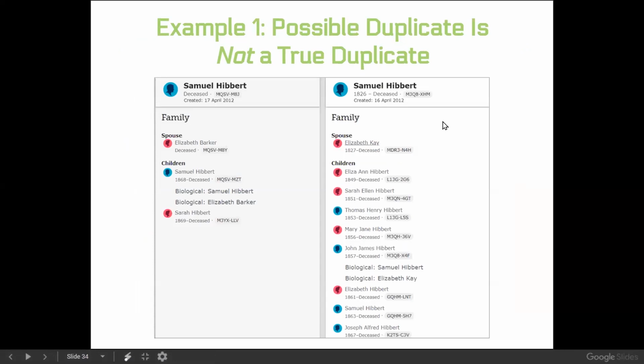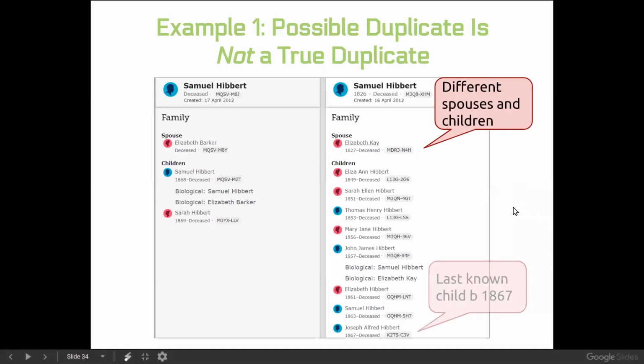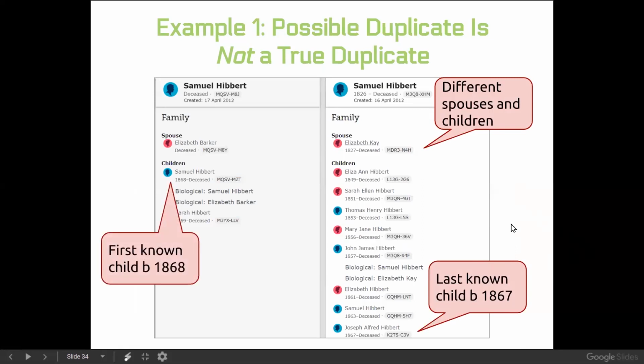Look what I get: two families that really look to be pretty different. But just to be careful, we need to look at the evidence. The record on the right has completely different spouses and children from the record on the left. Not only that, we look at the range of the children, and the last known child for this family on the right was born in 1867, but the first known child was born in 68.